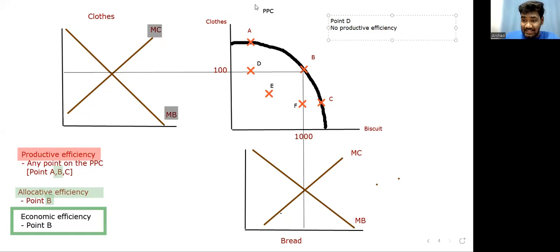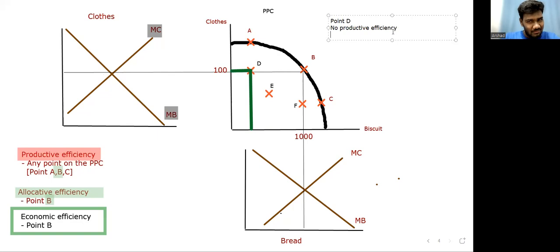At point D, you are producing 100 clothes and let's say 200 biscuits, right? According to allocative efficiency, the cloth amount to produce is 100 and the biscuit amount to produce is 1000. So at point D, you're producing 100 clothes, but only 200 biscuits. What can you say, guys? Is it a complete no for allocative efficiency?